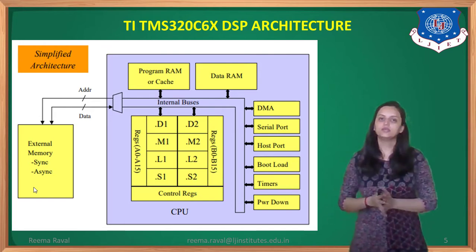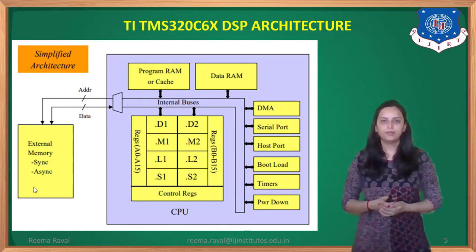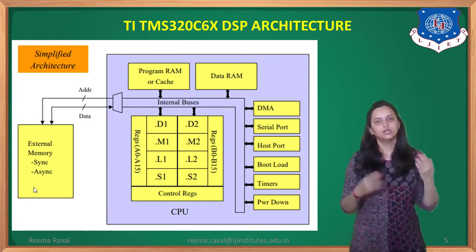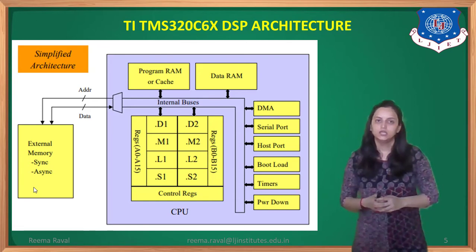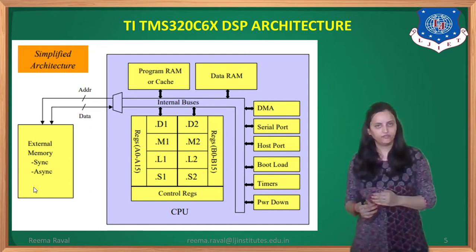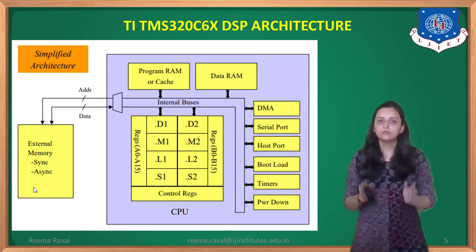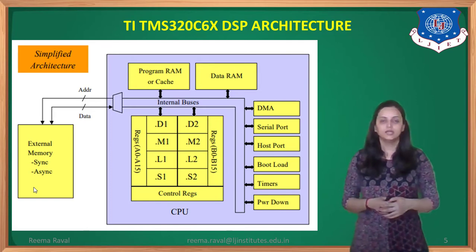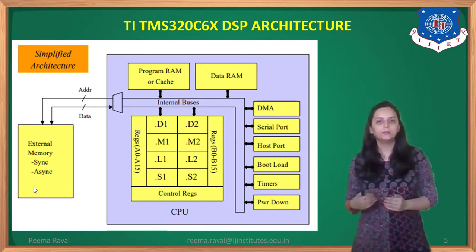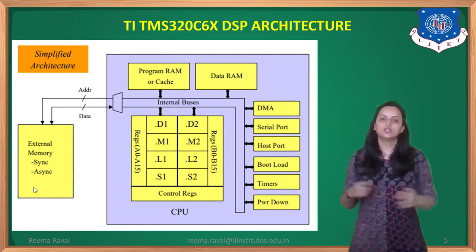Here the diagram is shown for the CPU and external memory. In the CPU, there are two parallel register files, A0 to A15 and B0 to B15. Then D1, M1, L1, S1 and D2, M2, L2, S2 are there, and below that the control registers are there.